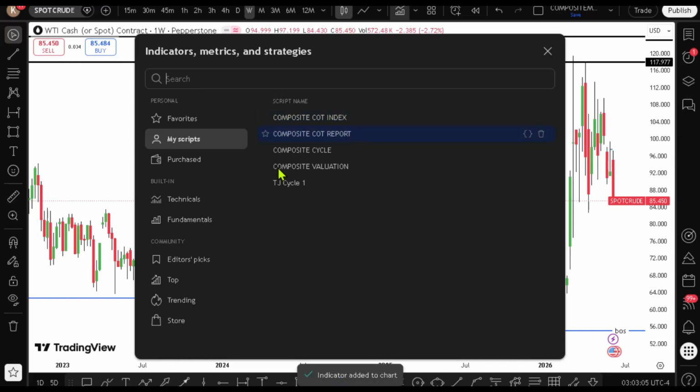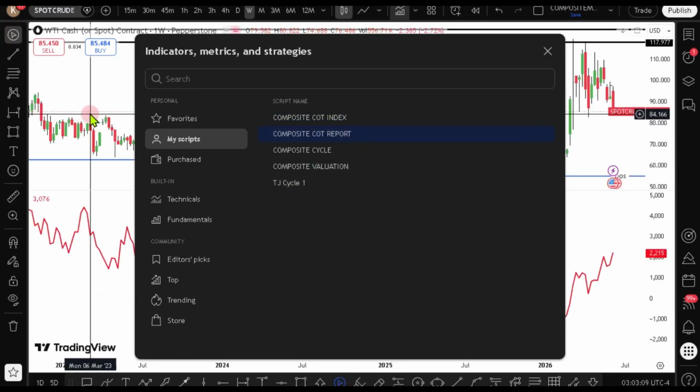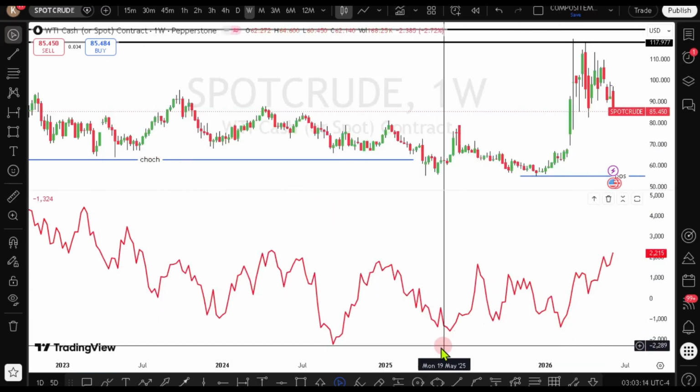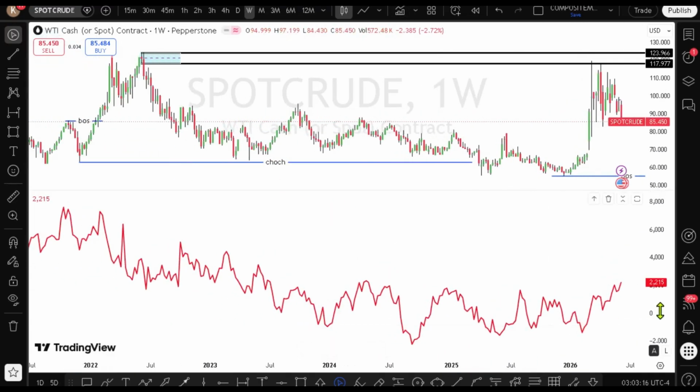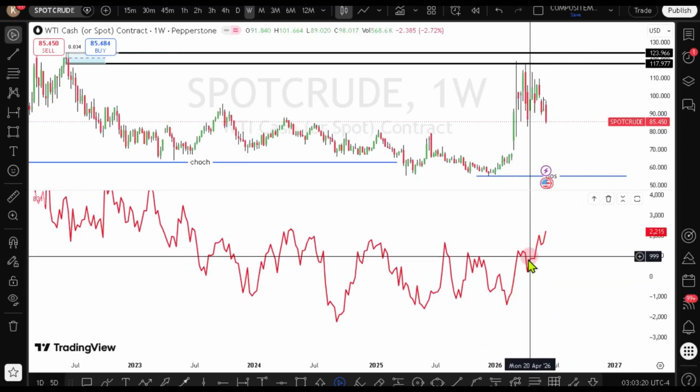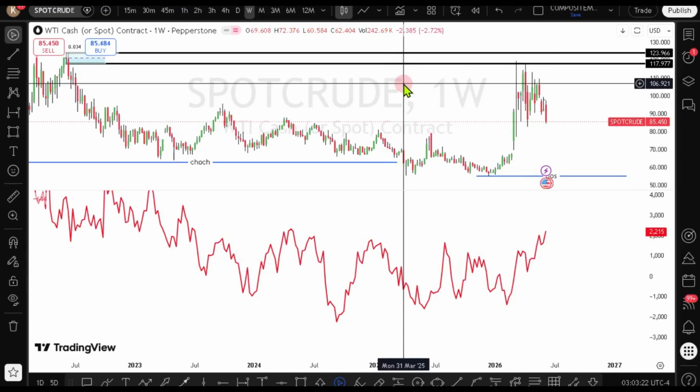So let's see. Okay, yeah, we'll continue going lower because you see retailers are heavily buying. Oh, no, we are not supposed to look at it here. We need to go to the real crude oil because this cannot be the real chart.